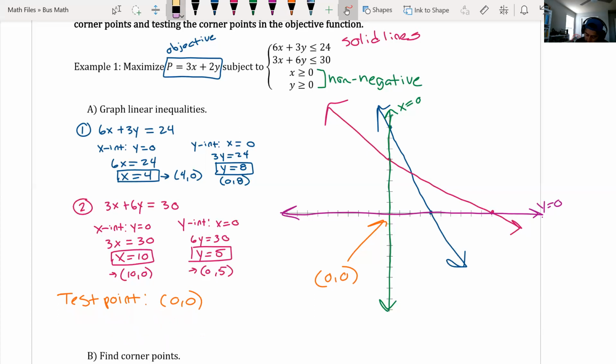Hang on, just so we know which lines we're working with. 6 times 0 plus 3 times 0 is less than or equal to 24. 0 is less than 24, which is true. So I'm going to shade down towards 0, but only in the first quadrant.